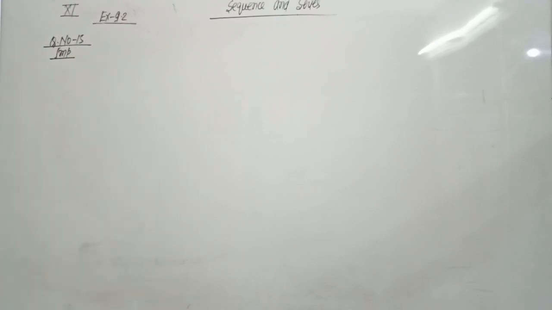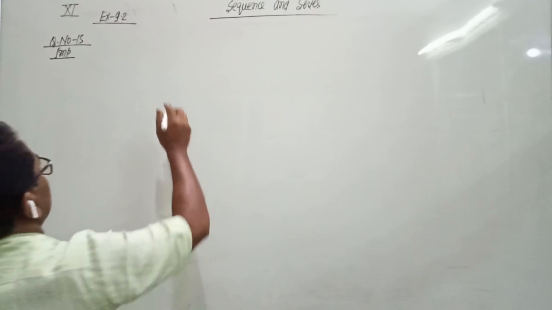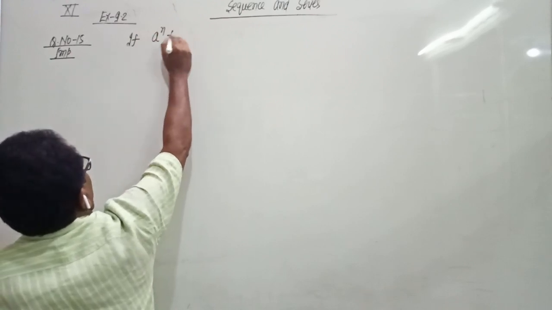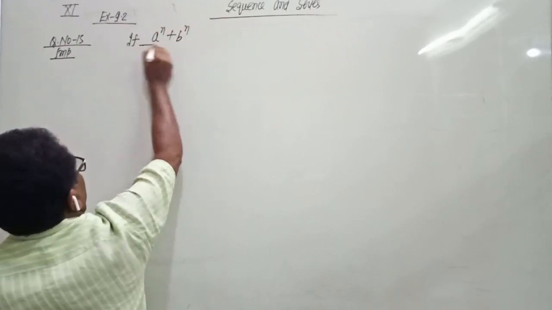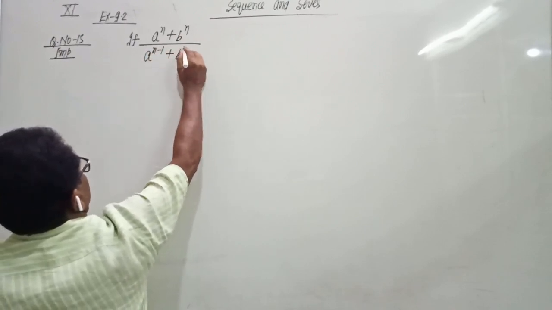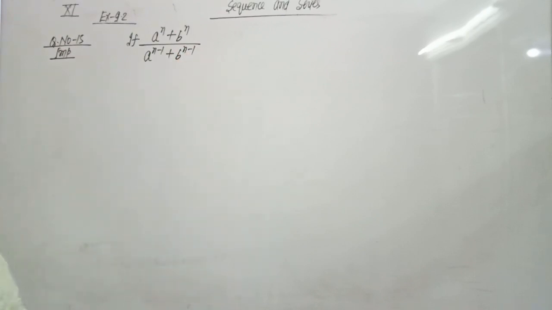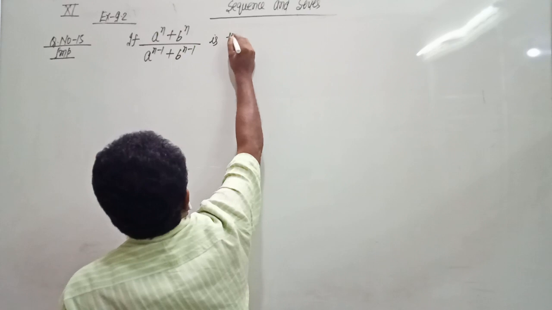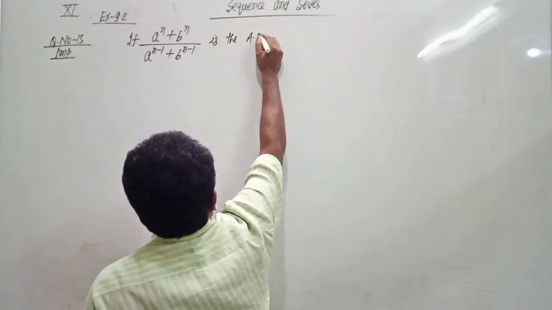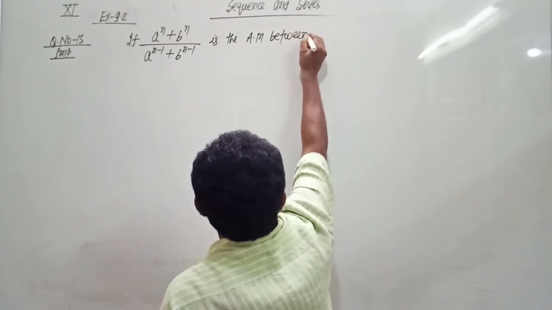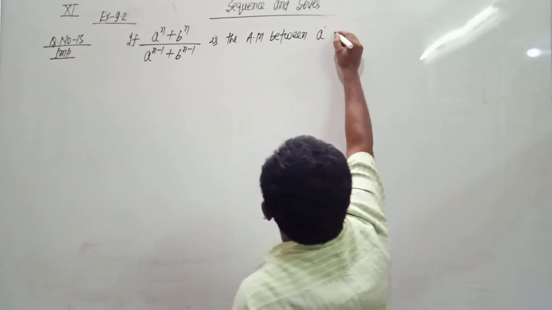If (a raised to the power n plus b raised to the power n) upon (a raised to the power n minus 1 plus b raised to the power n minus 1) is the arithmetic mean between a and b, then find the value of n.